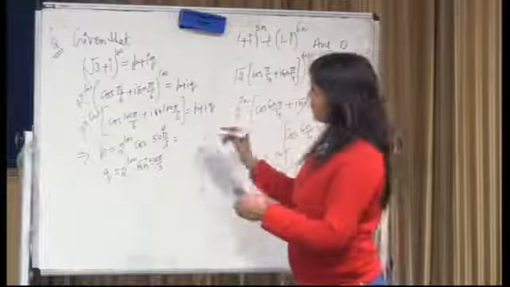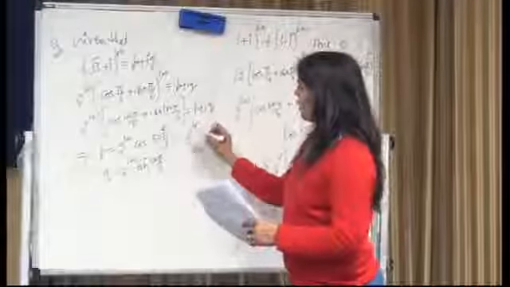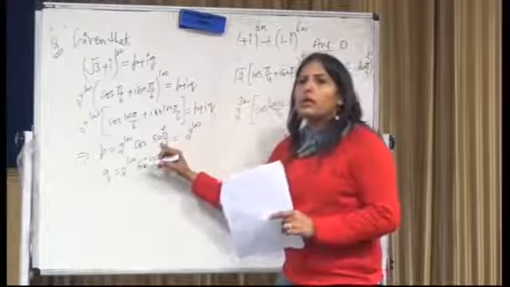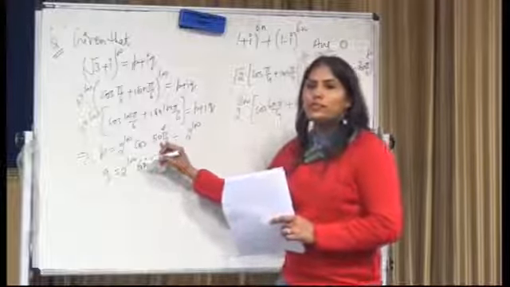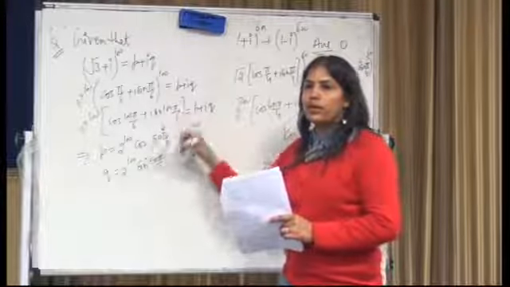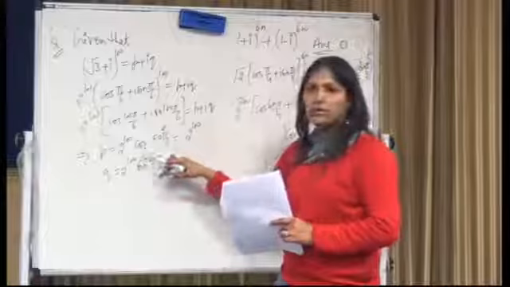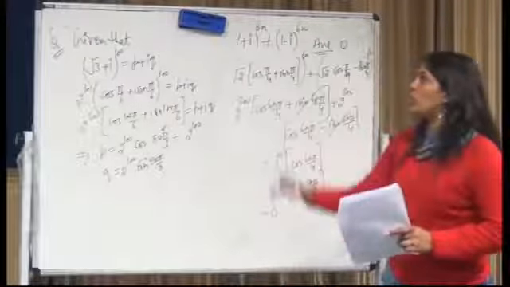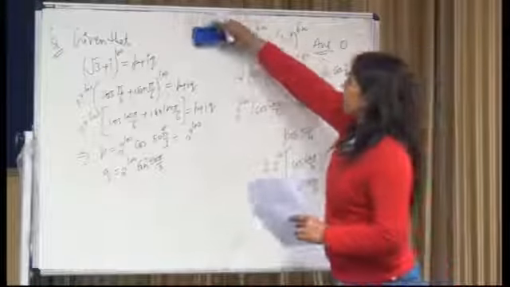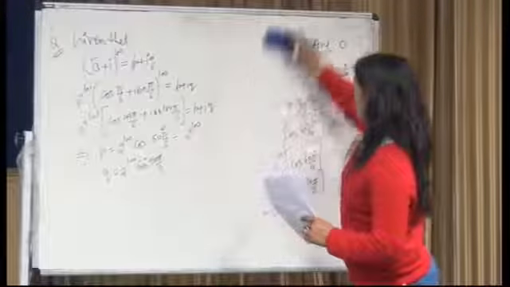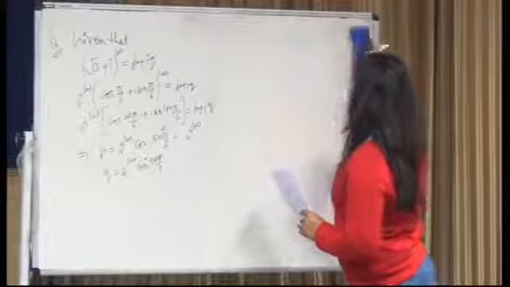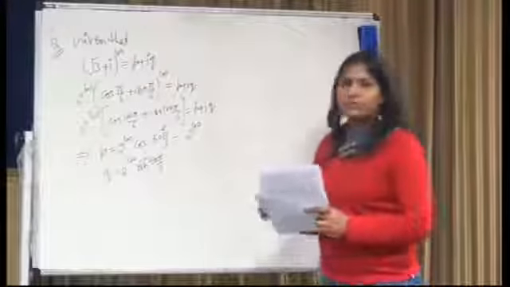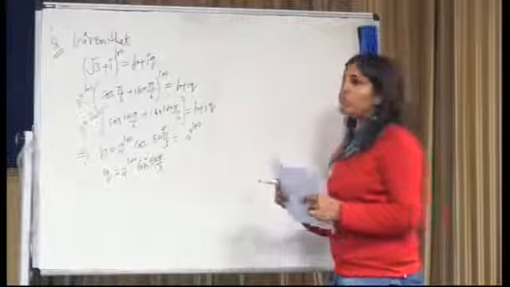How are you breaking it? Take multiples of pi. You can break it. Just calculate 50 pi by 3. You people know how to calculate. 50 pi by 3 will be equal to how much? Break it. So cos 50 pi by 3.